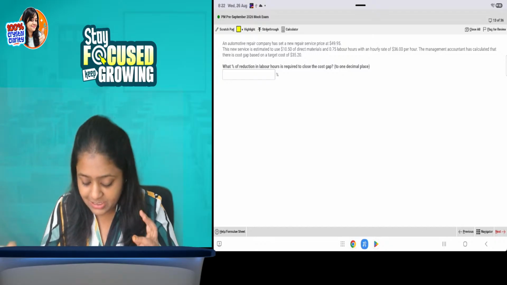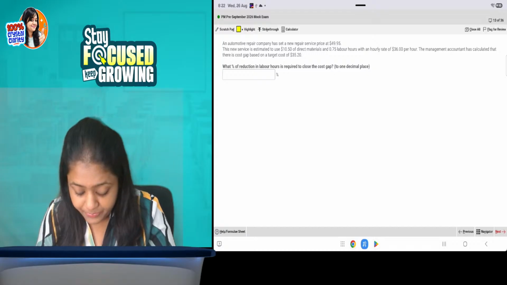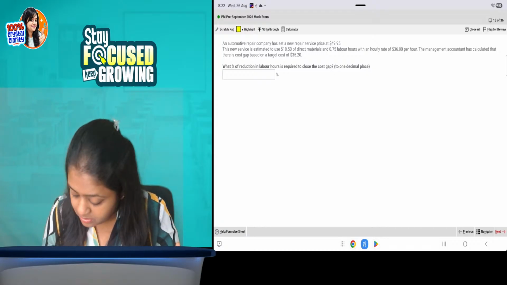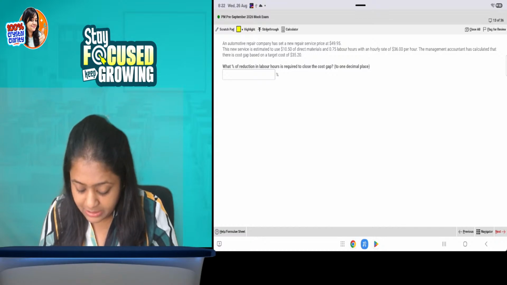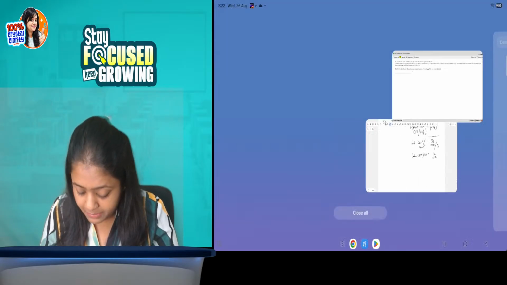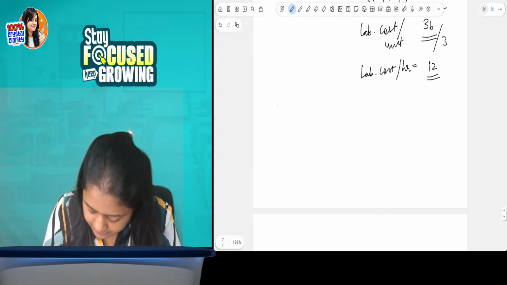Okay, so let's do it here. We need to do it on the rough page that we are doing the questions on. So the new repair price is 49.95. 10.5 is the material cost. 0.75 multiplied by 36 will be the labor cost. Okay, so let's calculate here.